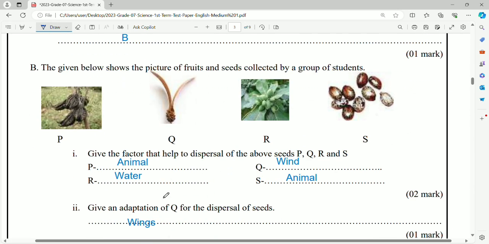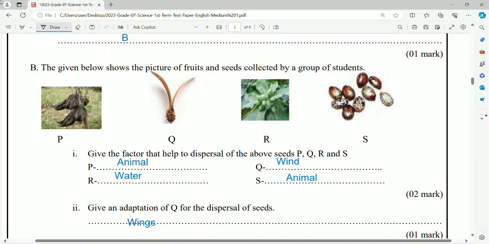Let's go to this one. The picture below shows fruits and seeds collected by a group of students. So these are some seeds. P is the Pulinagam, Q is the Ennai, which is dispersed by the wind.